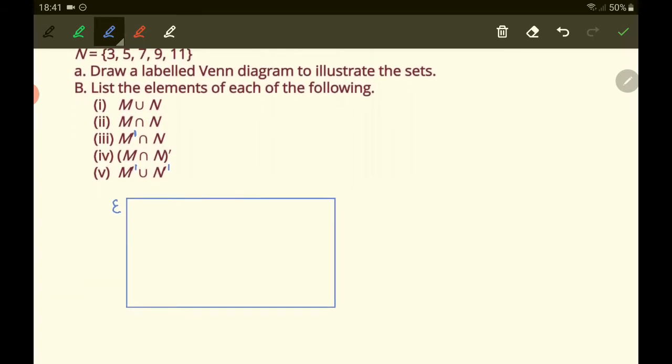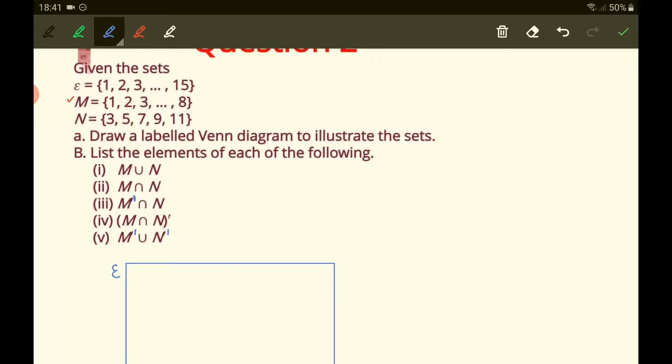This is the box representing the universal set. Okay, and then here I want to write all the elements, so that it will be clear. So the M is 1, 2, 3, 4, 5, 6, 7, 8. Okay, so this is all.